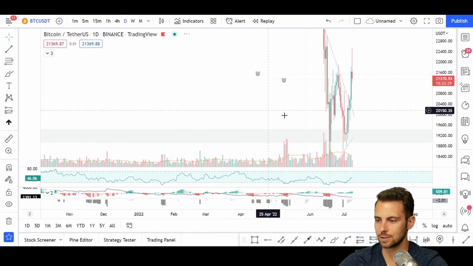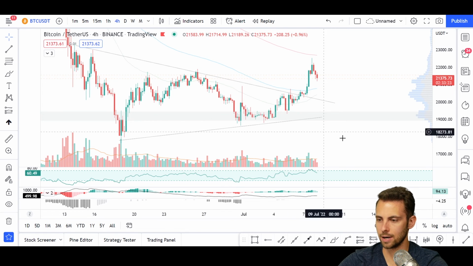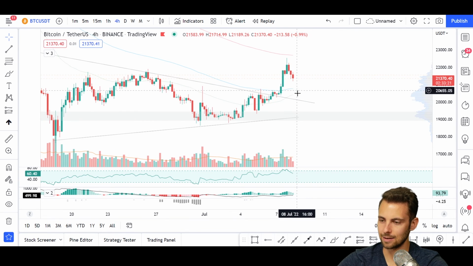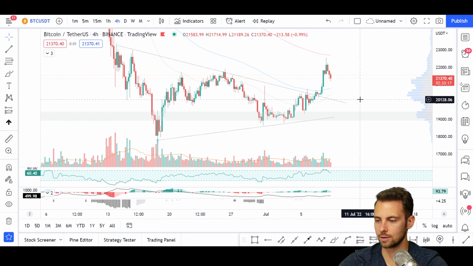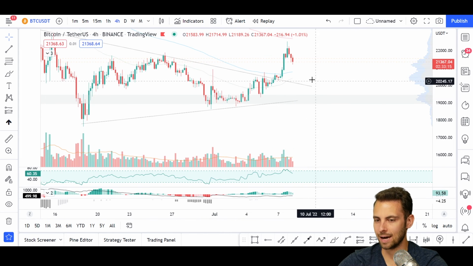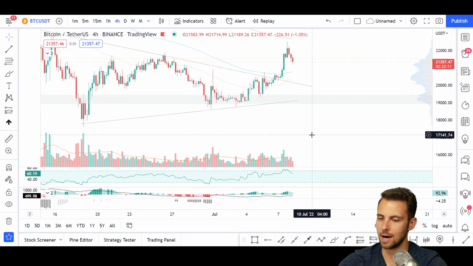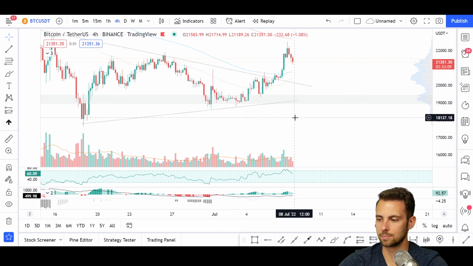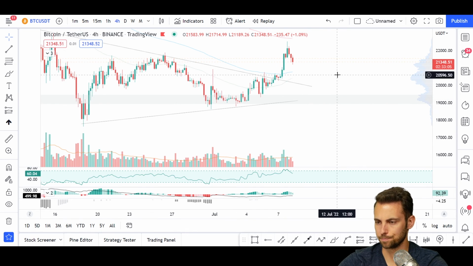So after this triangle has formed, and after this breakout, if we get down to the area of this pennant pattern, I do expect Bitcoin to slide even further down to levels below 18,000.